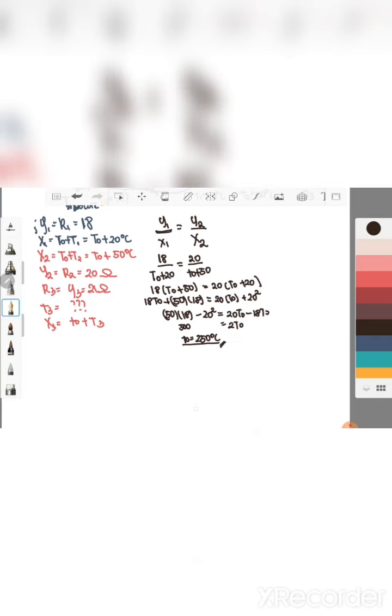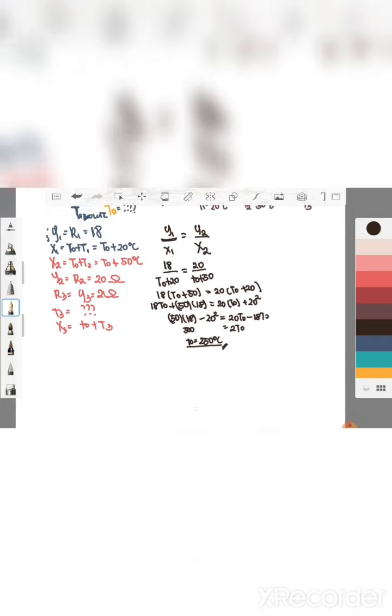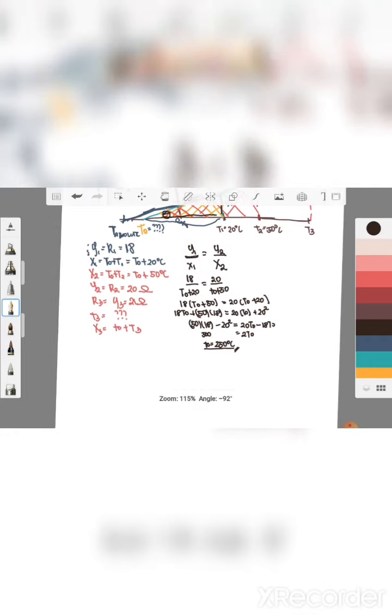Next, we have our T1. We will now solve for our T3. Okay? So, meron na tayong TO, which is equal to 250 degrees Celsius. So, therefore, we may say that our x3 is equal to 250 plus T3.